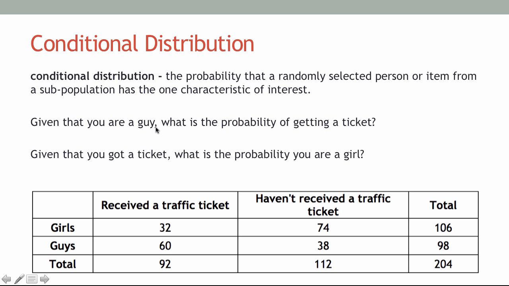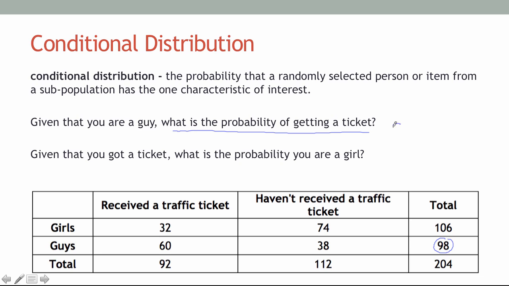Given that you are a guy, what is the probability of getting a ticket? So what does this whole given that you are a guy thing mean? Well, what that means is we're answering this question, what is the probability of getting a ticket, but we're only looking at all the guys. So when I look at my table now, instead of using 204 total people, just looking at the guys, there are 98 total guys.